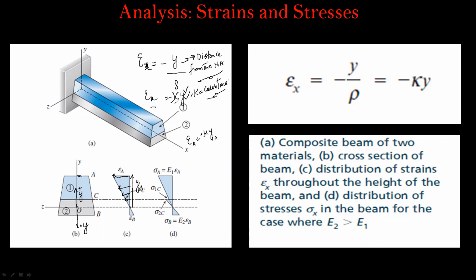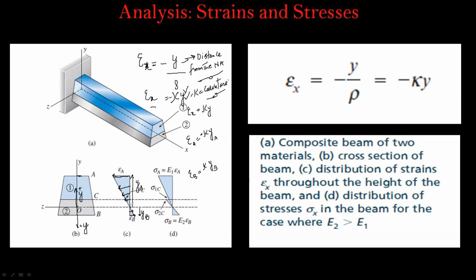When y is negative, then epsilon x becomes equal to kappa y, it is positive. Therefore the strain in the downward direction from the neutral axis will be positive, and the value at the point B, or on the surface B, will be epsilon B equal to kappa times y of B, where y B is the distance from the neutral axis.